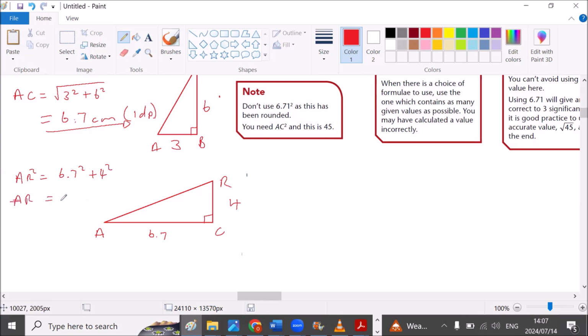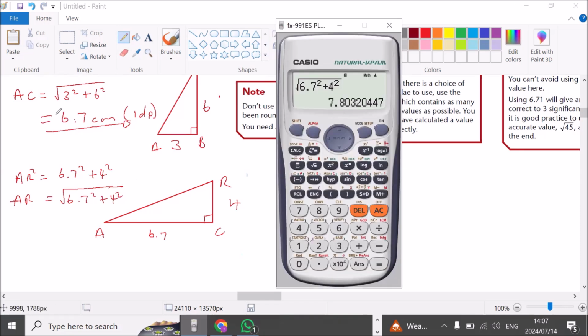AR is equal to the square root of 6.7 squared plus 4 squared, which is 7.8 centimeters.